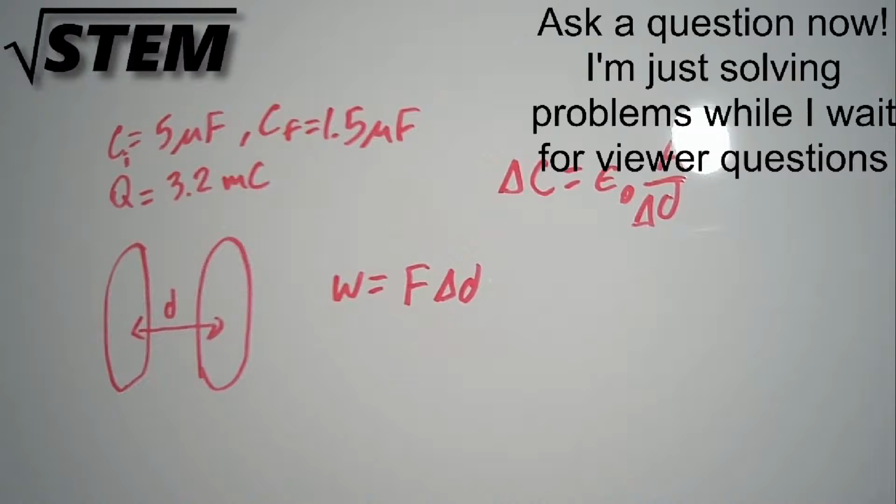So let me double check that capacitance formula before we move on too far ahead of that. Okay, yeah, it's just epsilon naught A over D. And we also have the charge, so would probably be remiss not to use that somehow.